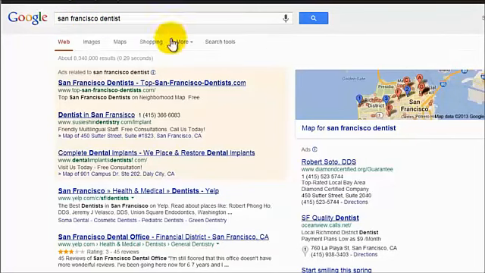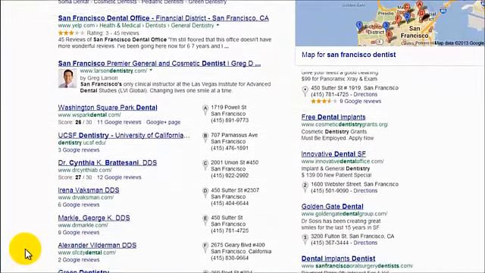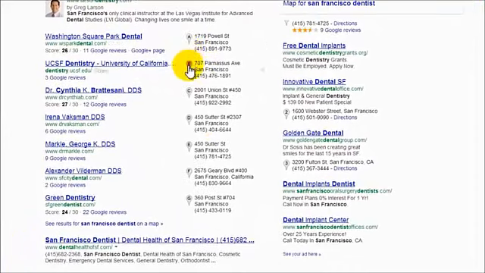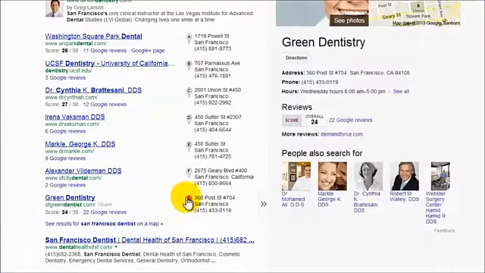Okay, a couple of things you need to know here. At the very beginning of the page, you have paid advertising. On the side here, you also have paid advertising. Then one of the most important things you see on here is what's called Google Places. There are many more than 7 locations, but they list 7 immediately.